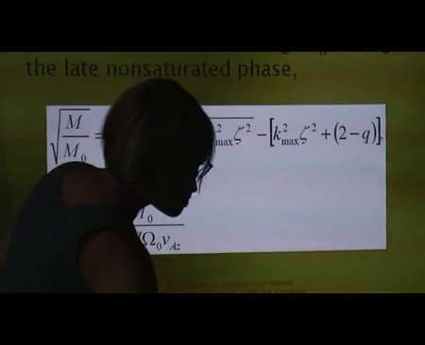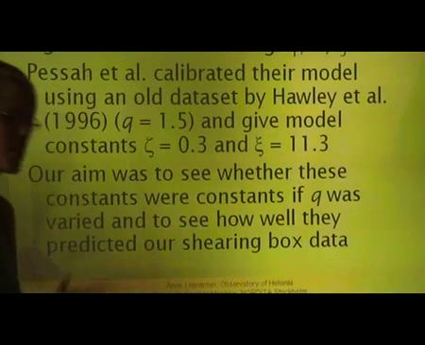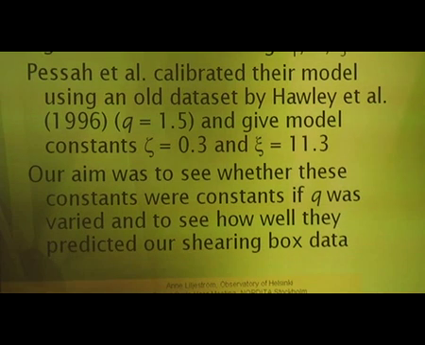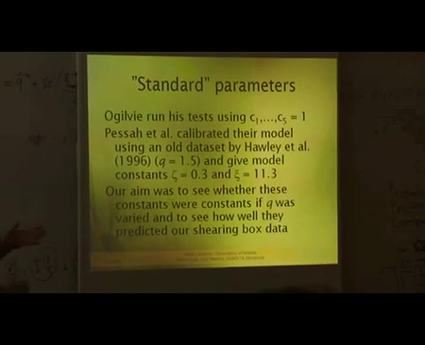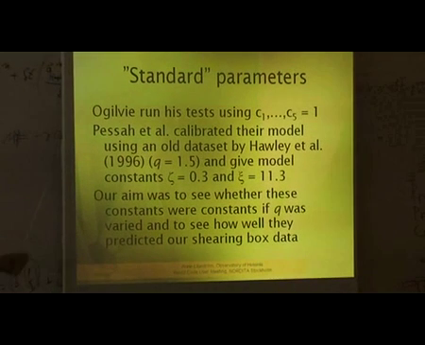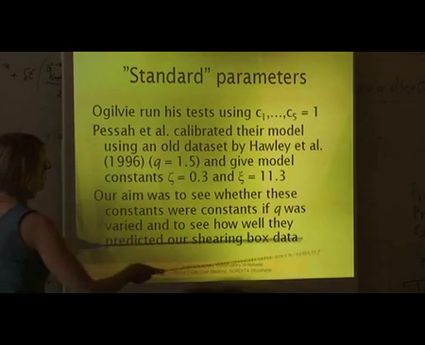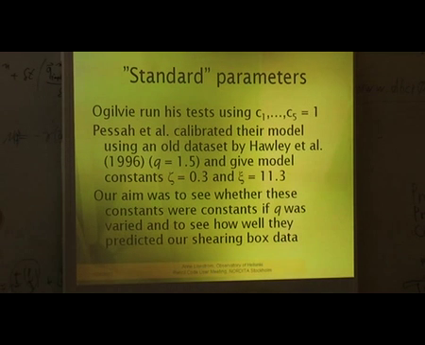So what did we do? Oh, not yet. These authors use sort of standard parameters in their papers. Ogilvie ran his tests setting all these parameters to unity, saying that it doesn't really matter, the model produces turbulence no matter what positive parameters you use.